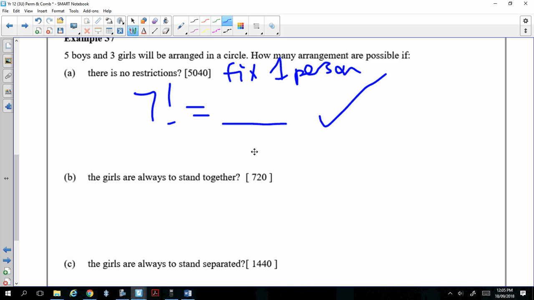Yep. Together. But who are you going to fix? The boy or the girl? So you're going to fix one person. Which one are you going to fix? B. Right. They're together.